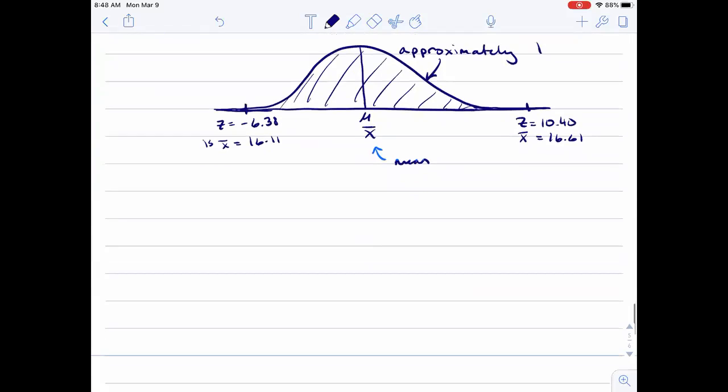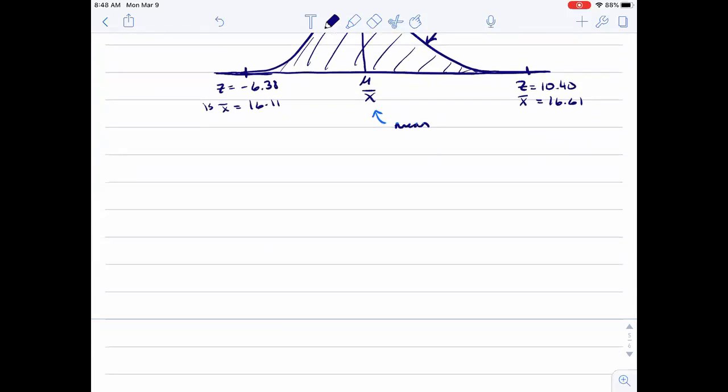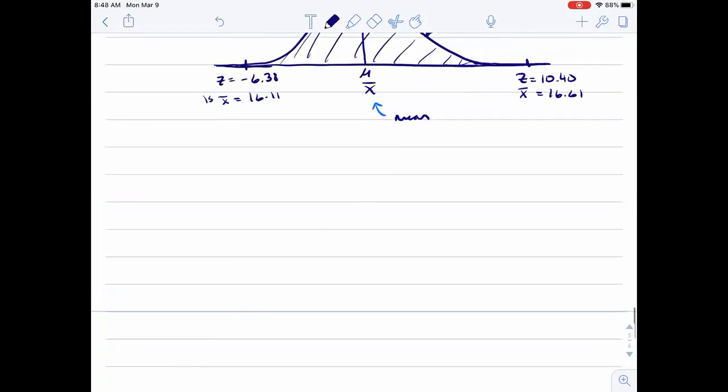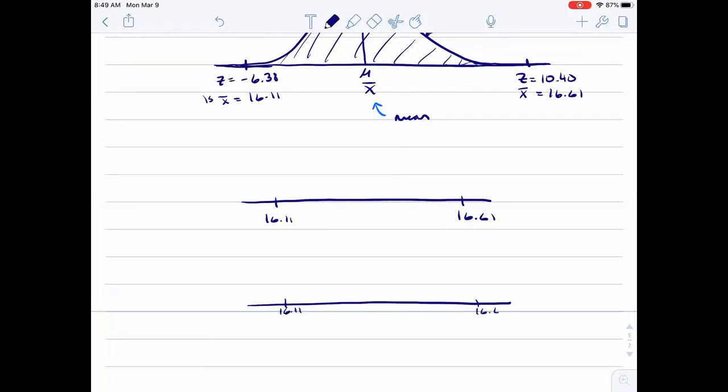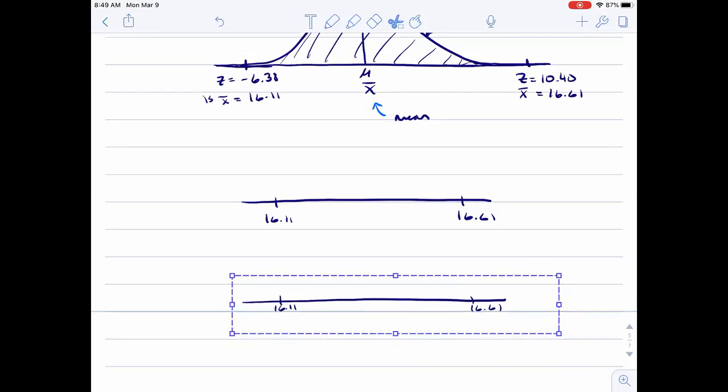So we can draw this another way if we wanted to compare these things. If we've got the same scale, and I've got 16.11 here and 16.61 here, and then I've got that going on down here as well.